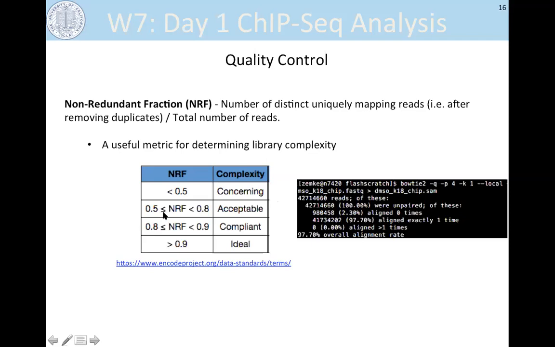If you have between 0.5, half, and 80% being non-redundant, then that's acceptable by their standards. Between 0.8 and 0.9 is compliant. Greater than 0.9 is ideal. And you can get this number after doing alignment, where it'll report what percentage of your reads aligned exactly one time in the genome. So typically you should be getting greater than 90% in a high quality data set.